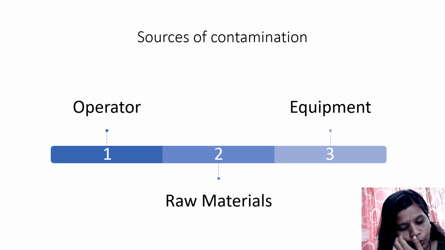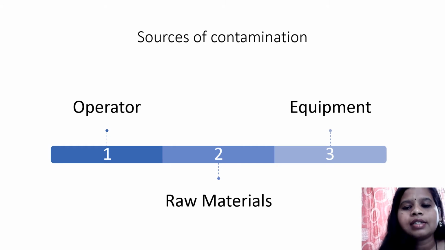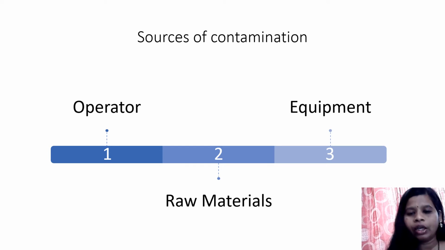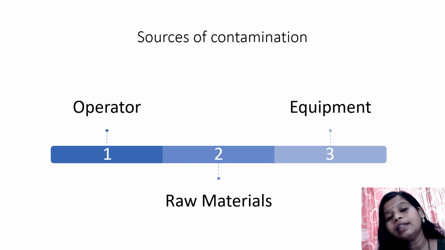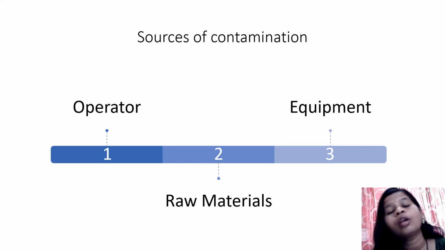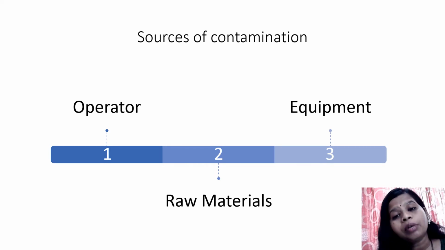Then the second source is raw materials. If the raw materials do not match the standards and we still use such products, they will be a source of contamination, because they are not fulfilling the standard values and may be contaminated with other materials or microorganisms. Sometimes the labels are not done properly on the raw material, which may lead to cross contamination.